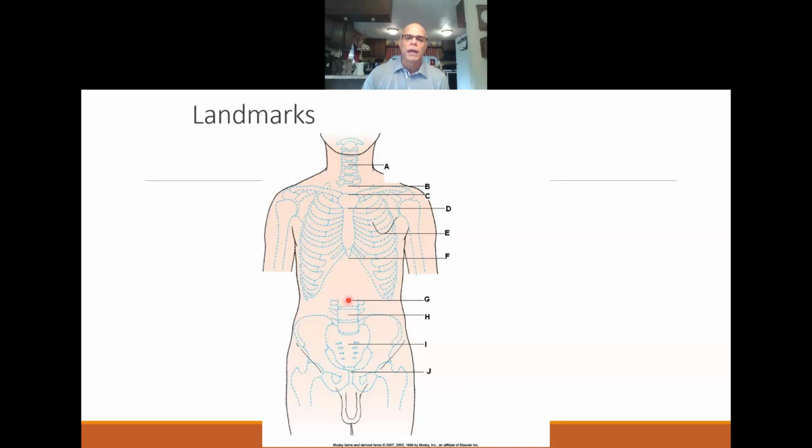This is L3, this is L4, this is L5, and this, of course, is your sacrum. So the landmark that we'll be using for the KUB is going to be right here at the iliac crest. And if you look right here, there's an indentation of soft tissue on both sides of the patient at the inferior angle of the ribs and the top of the iliac crest.